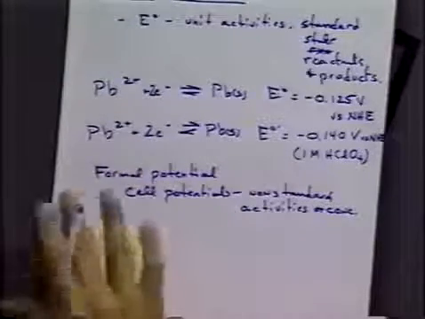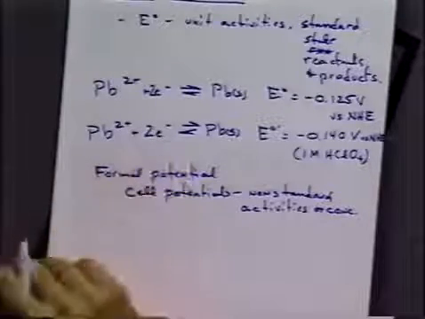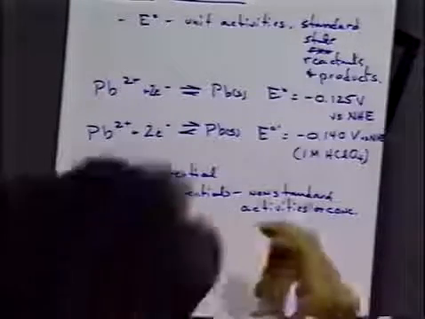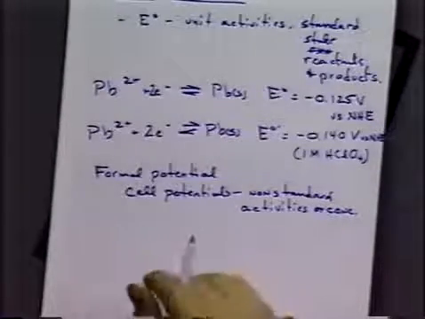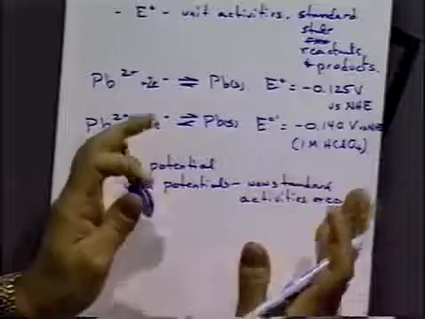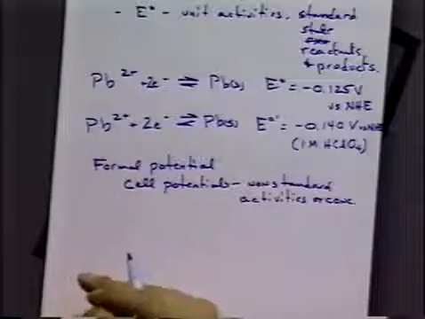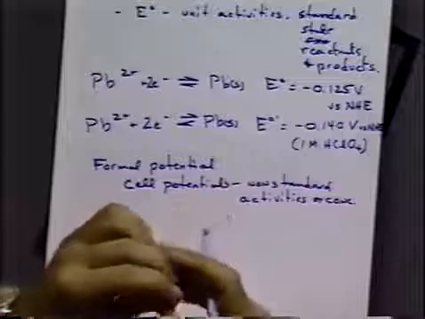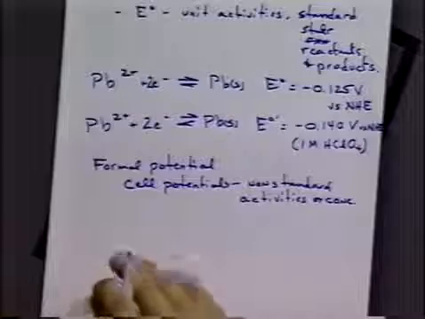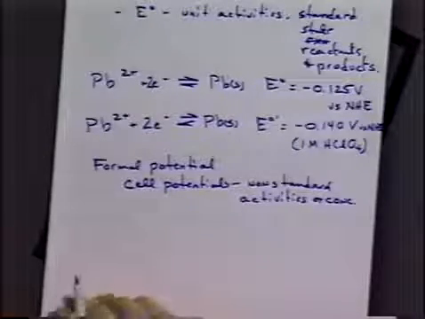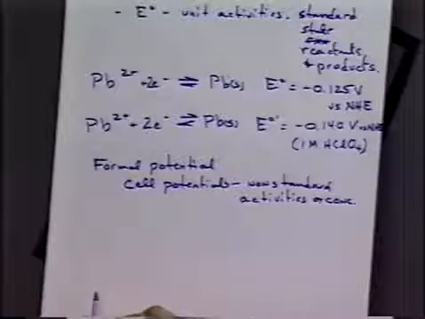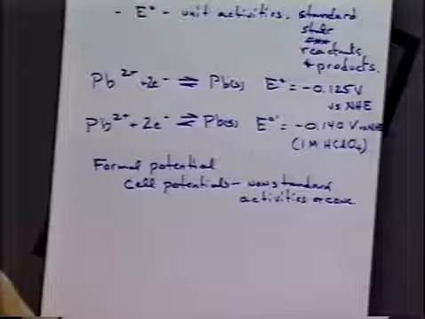So in this case, the lead has unit activities, but we have to specify a particular type of solution, that 1 molar perchloric acid, to indicate the proper cell potential. That's a formal potential. Whenever they do give you a formal potential, they are required to suggest all the appropriate solution conditions. So if you look in the back of your book for the cell potentials, you'll see a number of situations where they'll give a cell potential and then they'll also give you a solution condition with it. All the iron 3+ and 2+ couples have that particular kind of formal potential described.